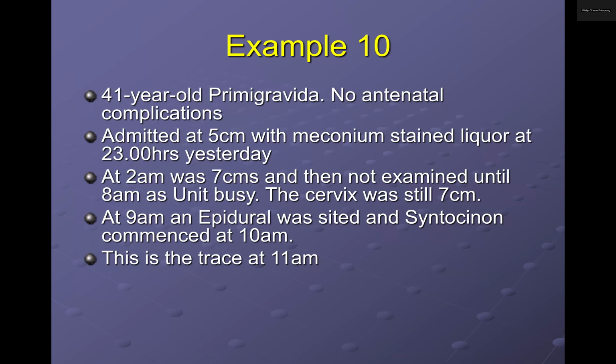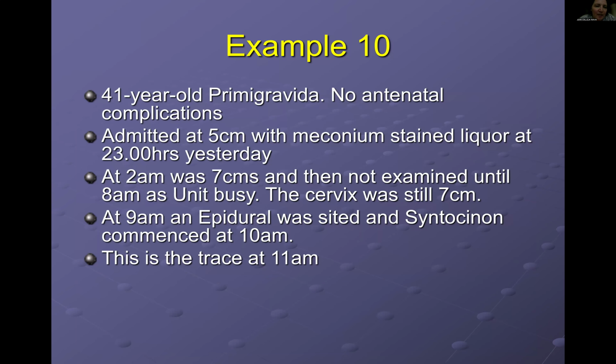Okay. So let's take a last example, number 10. We've got a 41-year-old lady pregnant for the first time with no antenatal complications, luckily. She was admitted at 5 centimeters and she had meconium staining when she was admitted, that was yesterday night.